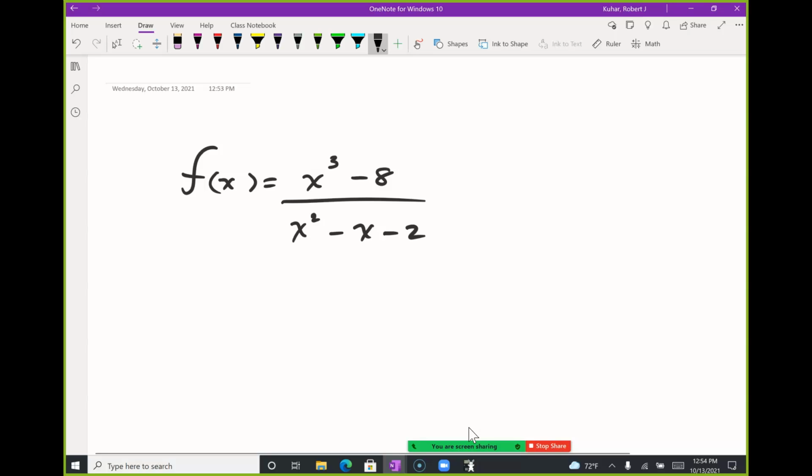Use the calculator, right? So we want to first put this. Oh, I'll say, give me standard form, give me factored form, give me reduced form if it exists, right? So this first one, well, downstairs is easy, right? This is what, x minus 2, x plus 1? Is that okay?